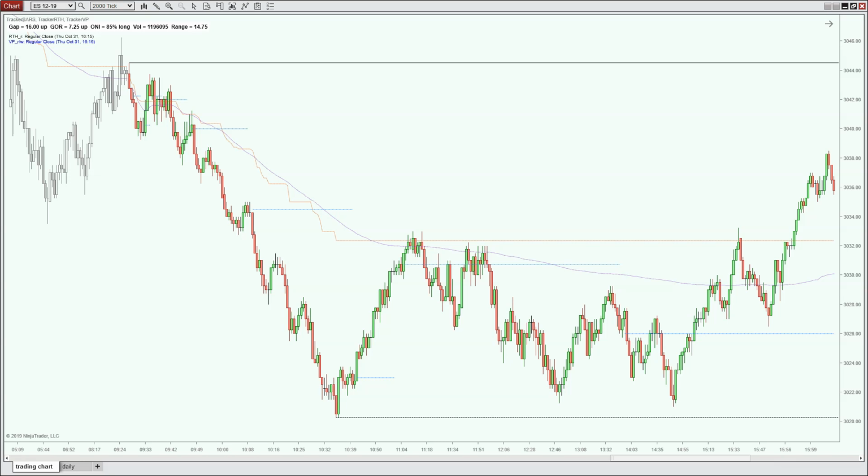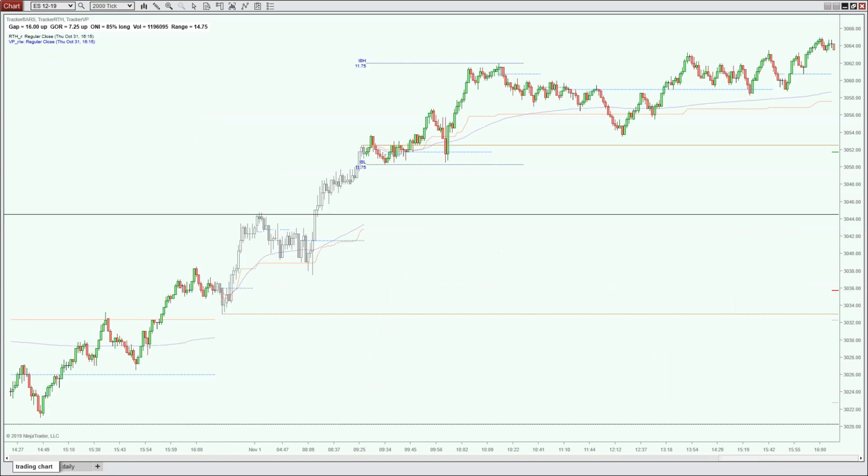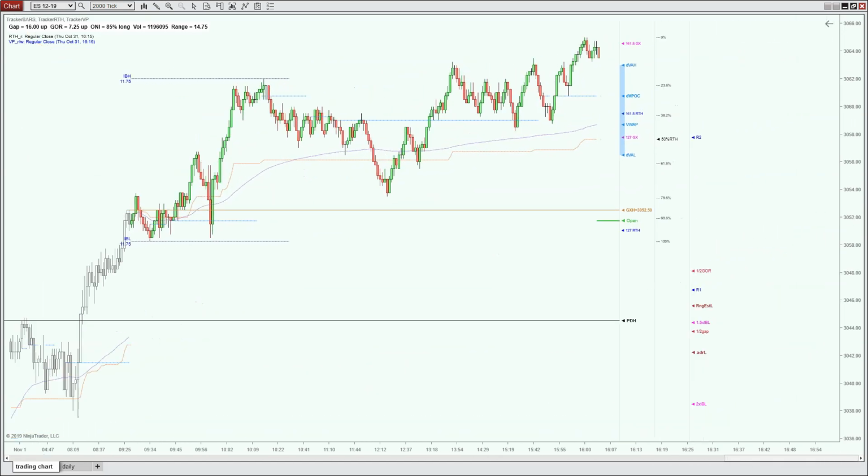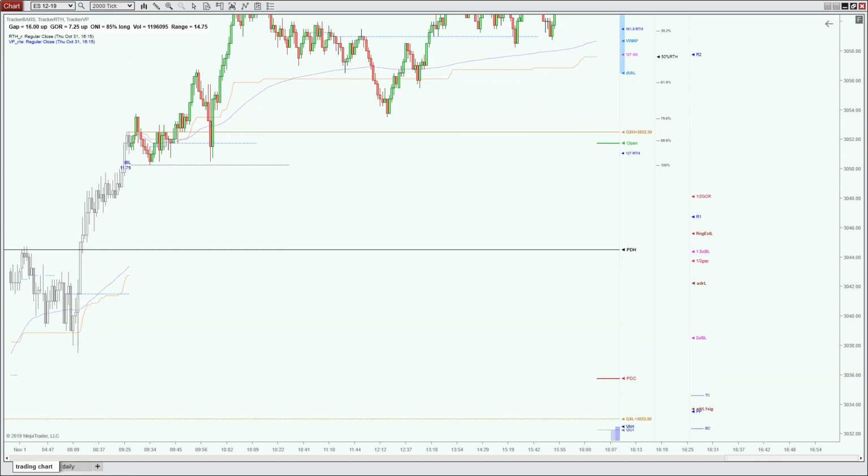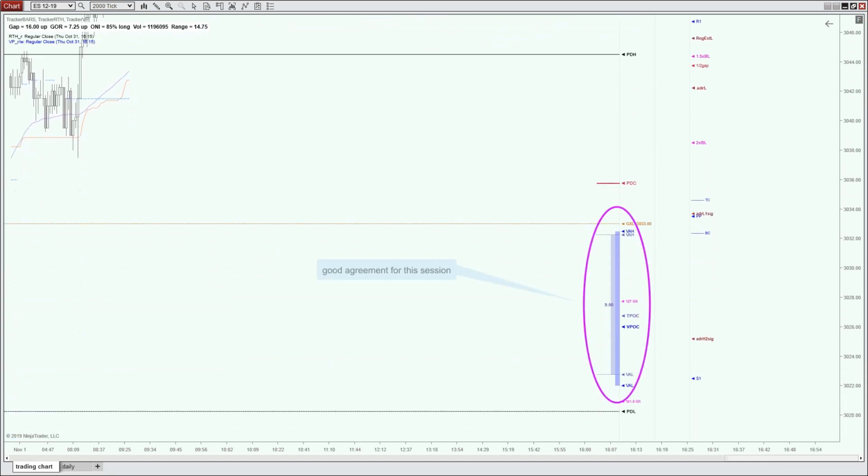For the fourth example, if you have ever considered trading using profile, then you surely have wondered which is better, market or volume profile. With TrackerRTH and TrackerVP running together, you see both. Sometimes they agree strongly, sometimes they don't. Why not skip the debate and just trade what the chart is actually showing you?